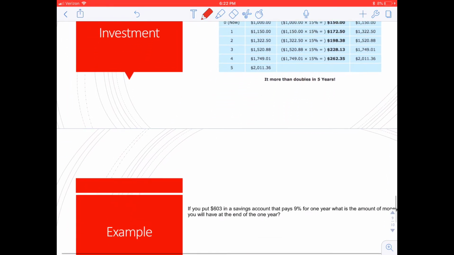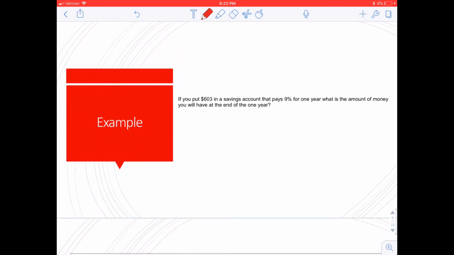So here's a really quick example. If you put $603 in a savings account that pays 9% for 1 year, what is the amount of money you'll have at the end of the year?